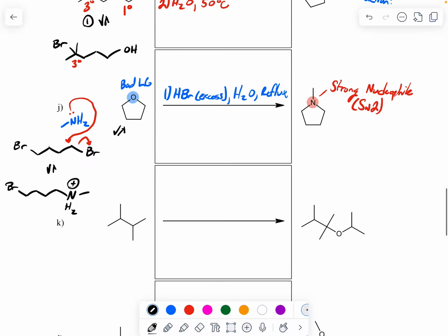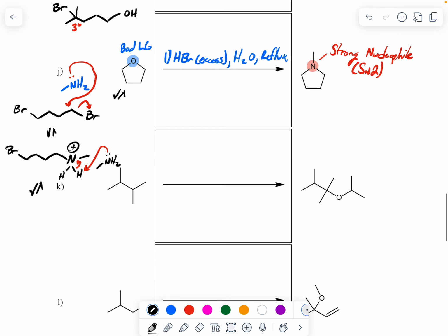This can be followed by a deprotonation by another molecule of methylamine. And then another step that follows is that the nitrogen of the original methylamine is now a good nucleophile that can actually come in, attack, and kick out the other bromine. And so here you can see how the nitrogen actually ends up in that ring system.